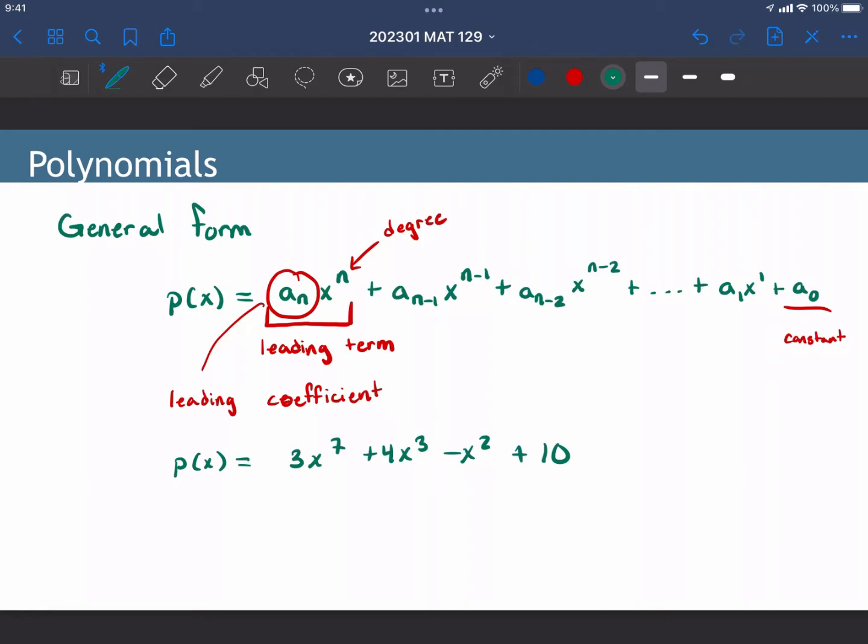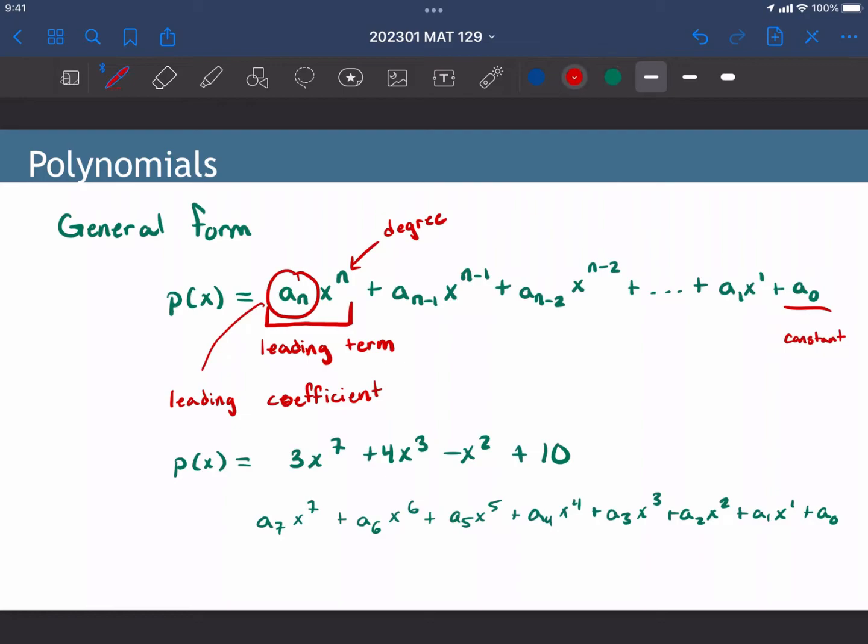N would be my 7, and so it would be a sub 7 x to the 7th plus a6 x to the 6th plus a5 x to the 5, right? Plus a4 x to the 4th. You get the idea, but I'm going to write them all out. a3 x to the 3, a2 x squared, a1 x to the 1st. Now you don't really need to write the 1, first power, and then a sub 0.